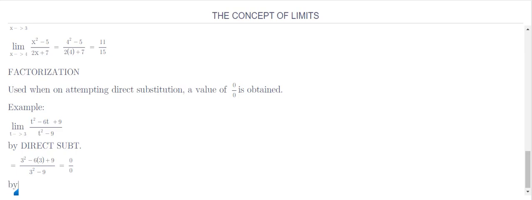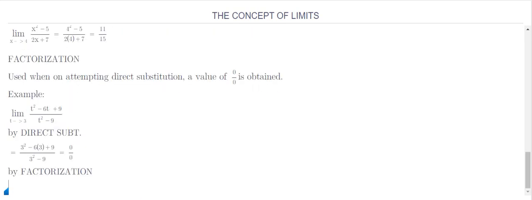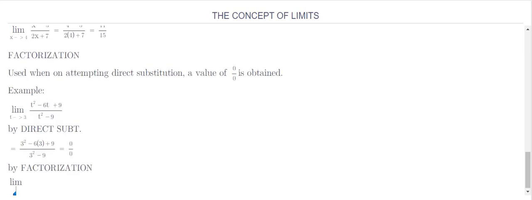So by factorization, you factorize both the numerator and the denominator of the limit that you have. So we will have the limit, of course, as t tends towards 3.